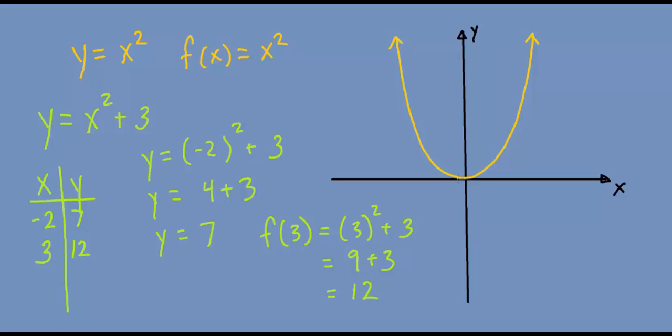Okay, so we can plot those points. -2, 7. Let's just say it's about right there. And then 3, 12. Let's say it's about right there. And then if we kept plugging in points and plotting those points, we would see that they would do something like this.